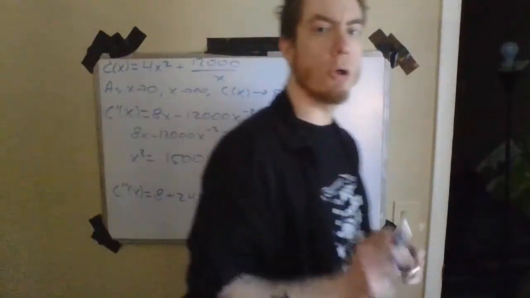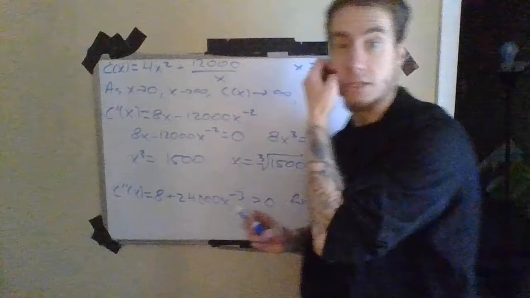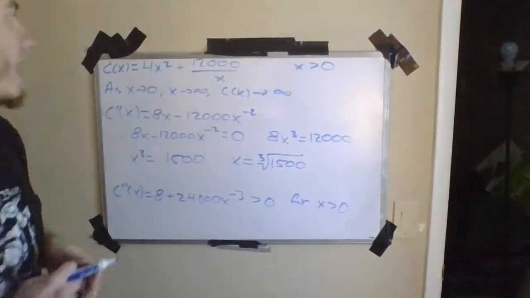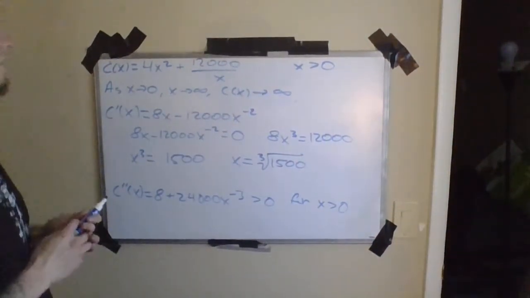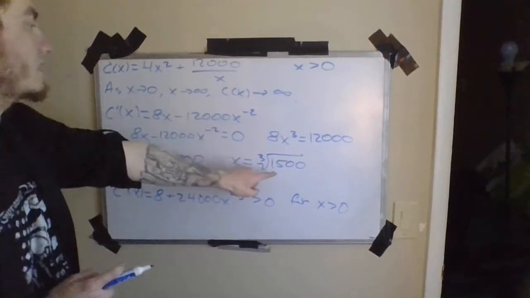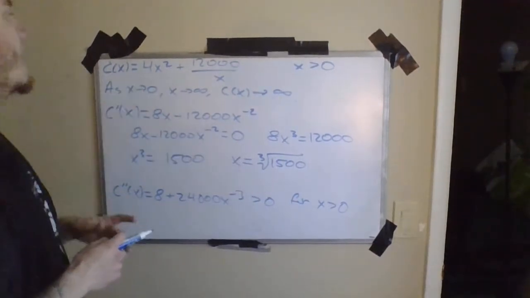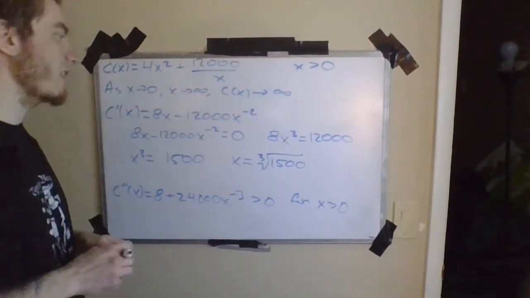So there's actually multiple ways of showing that this really does minimize the cost. And now, to get the cost, we just take this cube root of 1,500 and plug it into this expression.